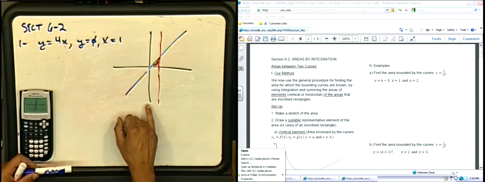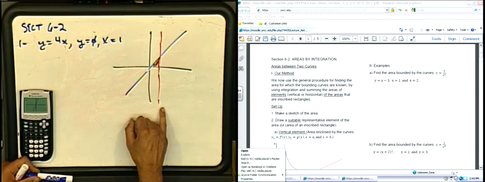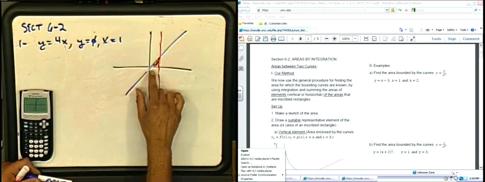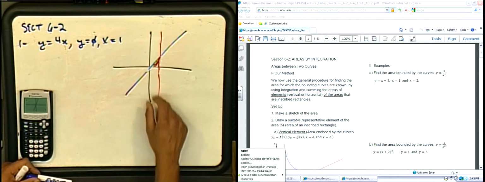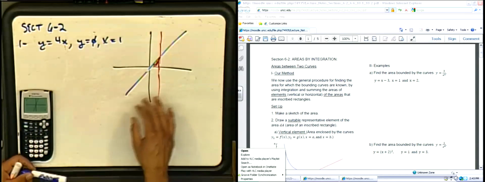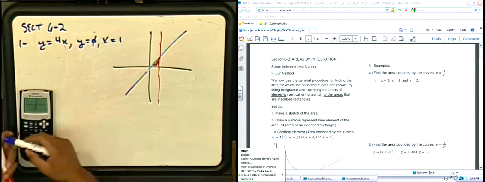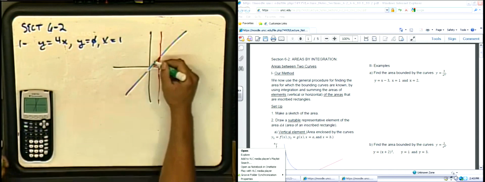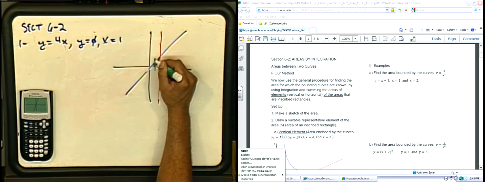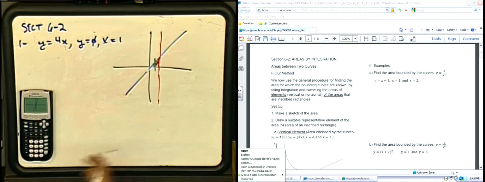From the y-axis to x equals 1, the upper function stays the upper function and the lower function remains the lower function. So we can use the vertical line, vertical summations of those areas to get that area.